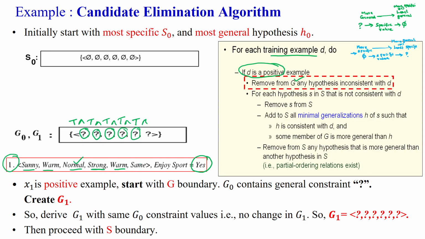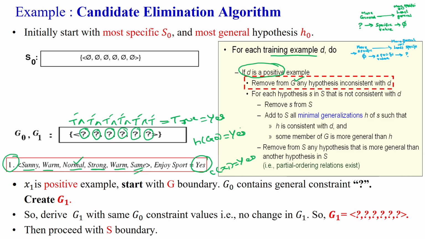Fifth constraint accepting, sixth constraint accepting same or not? Yes, it is accepting, so it is true. Now the attributes are over. Logically, true AND true AND true AND true AND true will give you true. True here is equivalent to yes. So the hypothesis G0 gives you yes, and c of x1 is also yes.